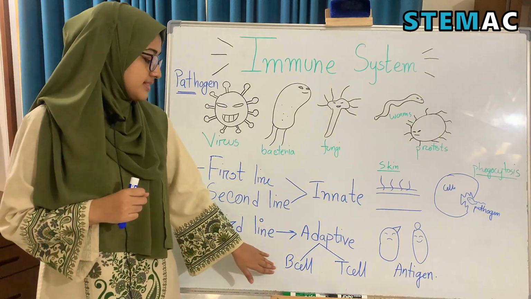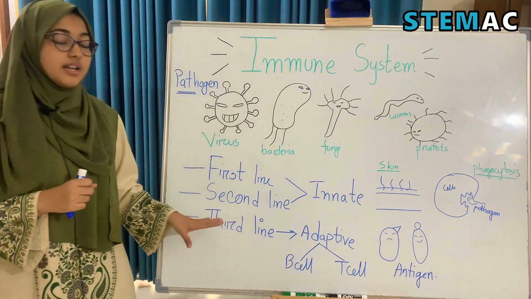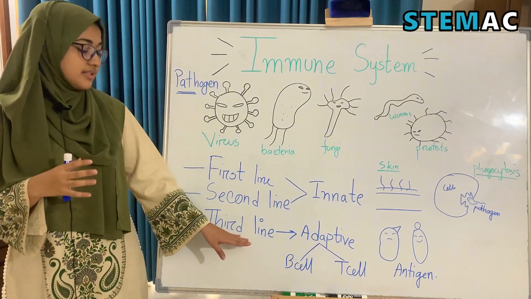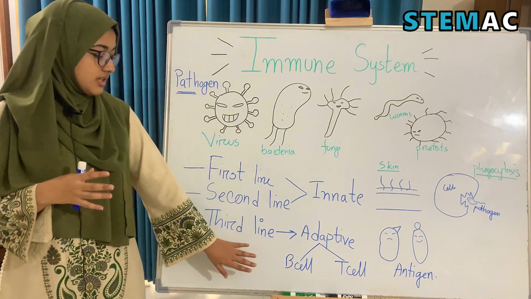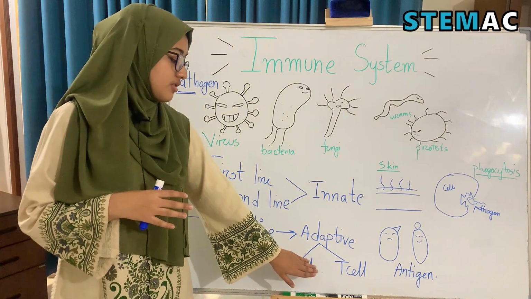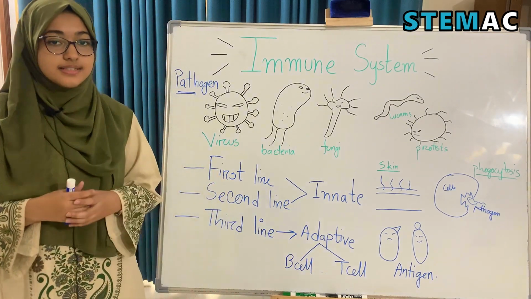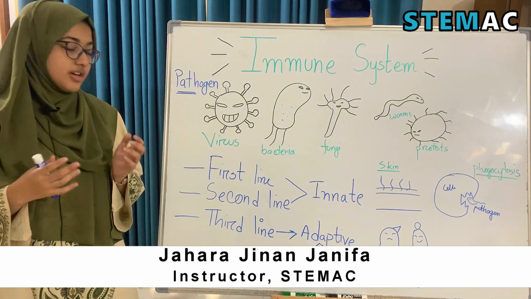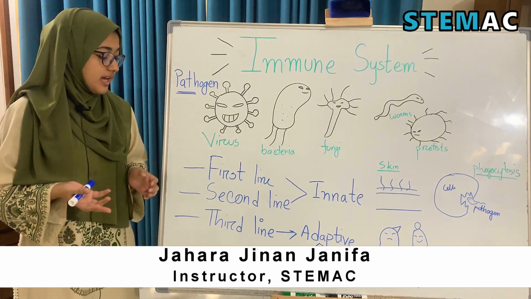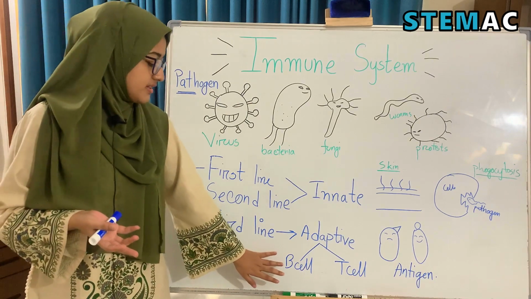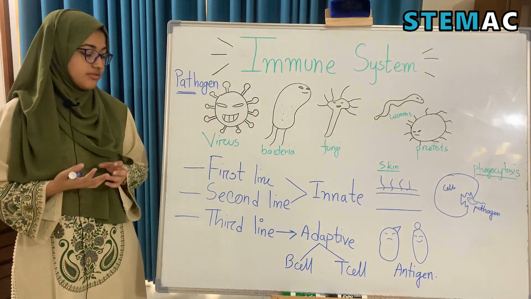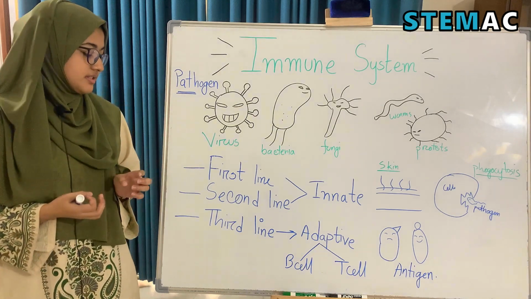So B cells and T cells work in this third line of defense. The work of B cells is called humoral, and the T cell mechanism is called cell mediated. T cells help to kill the whole cell, so the cell is killed or apoptosis happens, and in B cells, antibodies and memory cells are generated and help in the immune system.